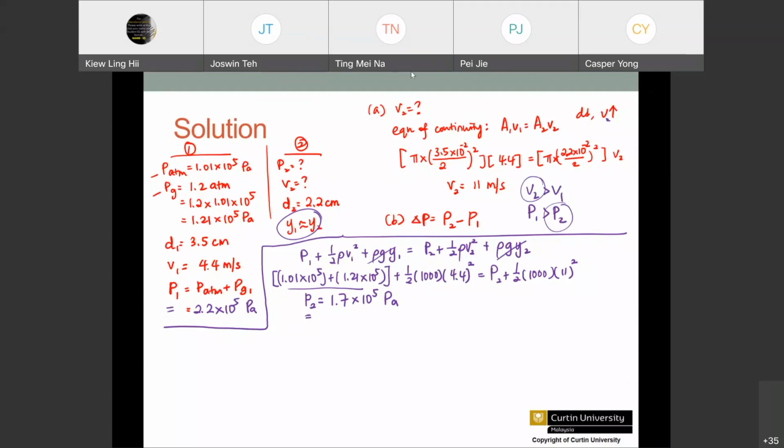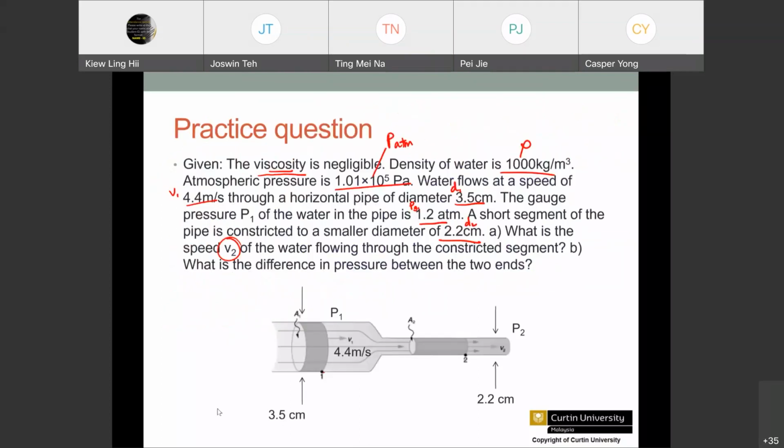What is your question? Why would Y be there if there is a value? Oh, if the question gives you one. In this case, the question does not give you.